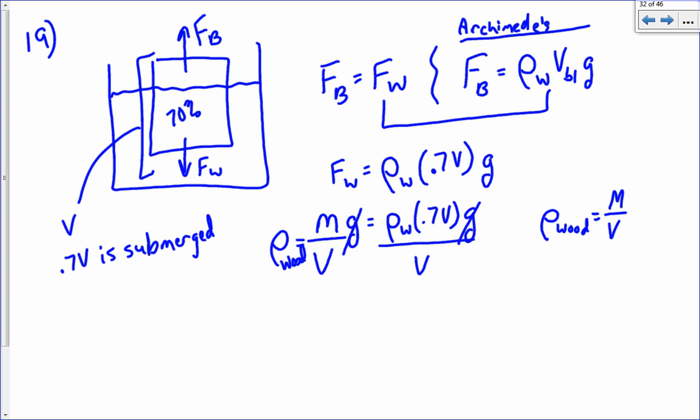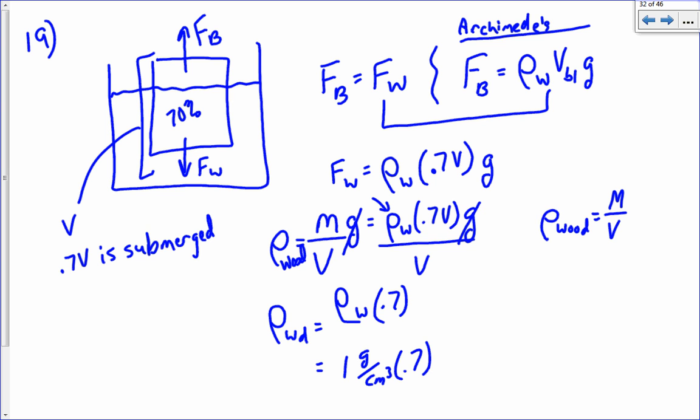Be careful because here this is the density of the water, not of the wood. So my density of the wood is equal to the density of water times 0.7. Density of water is 1 gram per cubic centimeter times 0.7. So that's equal to 0.7 grams per cubic centimeter.